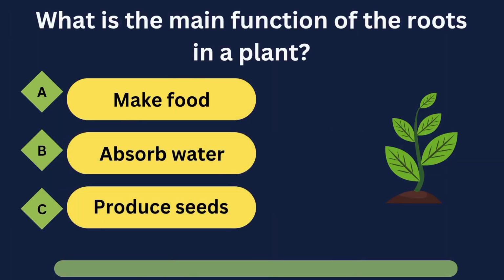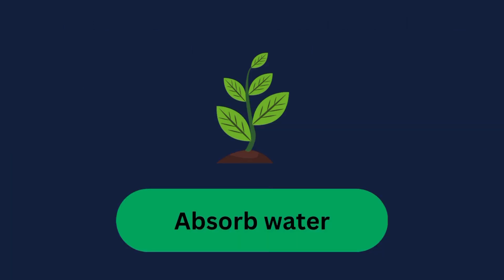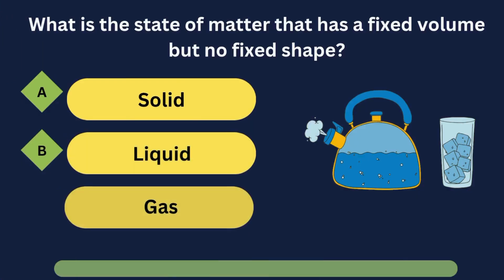What is the main function of the roots in a plant? Make food, absorb water, produce seeds. What is the state of matter that has a fixed volume but no fixed shape? Solid, liquid, gas.